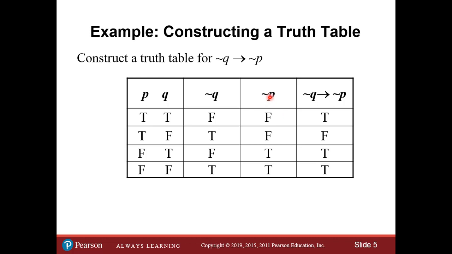And now we take these two columns here and we look down the rows. Now remember, this is the antecedent, this is the consequent. So if this is true and this is false, then this is going to be false. Otherwise, it's true. So we just look and see which one has TF, and it's this one. It's the only row that is TF. So this is going to be F. The rest of these are going to be true.